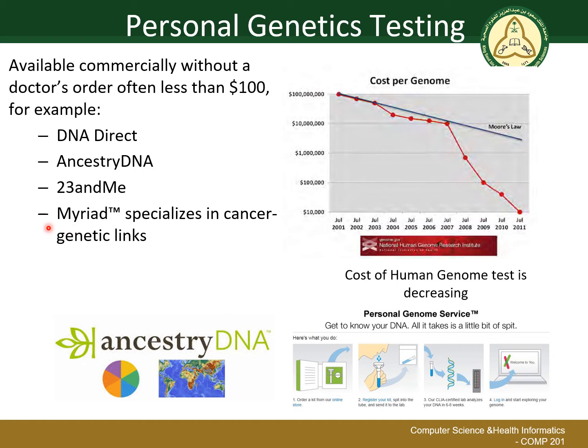The last company is Myriad, which specializes in genetic testing for cancers with a hereditary component, such as breast, ovarian, colon, prostate, and pancreatic cancer. They discovered a test for the BRCA genes, which are the genes responsible for developing breast cancer.